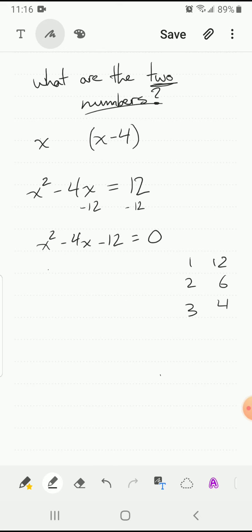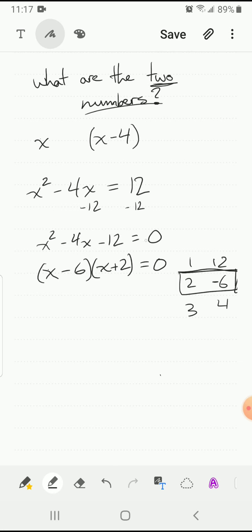If you do 3 and 4 together, you're going to get 7, 1, or negative 1. But if we do 2 and 6, we can get our negative 4. Now, it's negative 4, so that means the 6 is going to have to be negative, and we'll use a positive 2. Alright, so we're going to have x minus 6 times x plus 2 gives us 0.